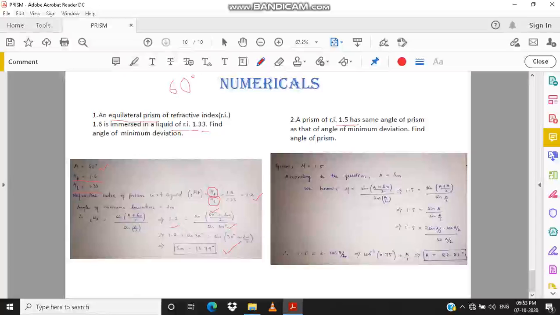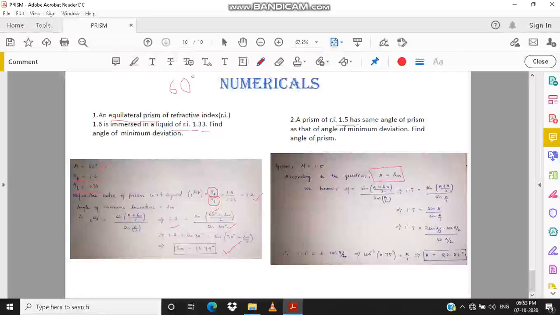That means the angle of minimum deviation and the angle of the prism are the same, so we can conclude that the angle of prism is equal to the angle of minimum deviation.